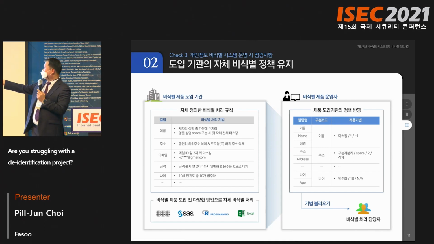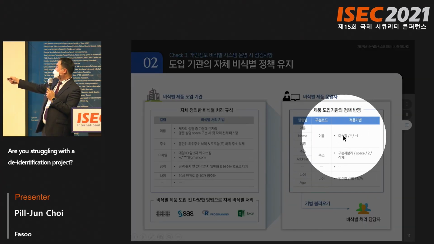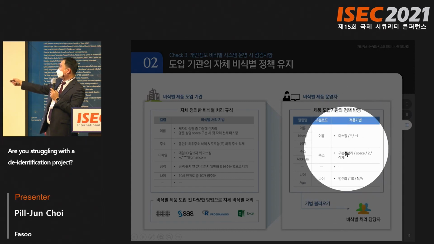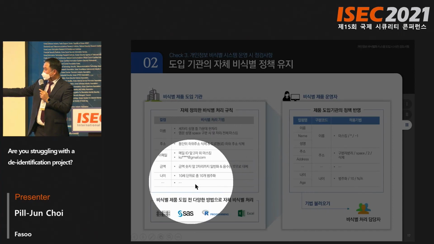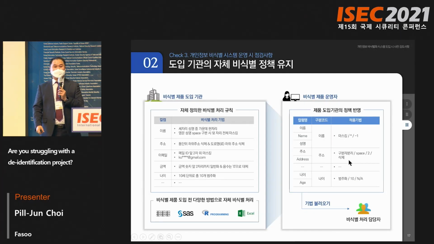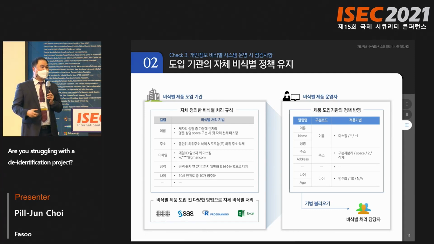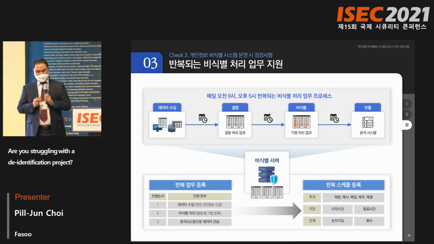You have to integrate the two different column names into one code. And based on the common code, you have to determine how to process this type of personal information. Then you can refer to this standardized policy later on, while maintaining the existing method and the new system.